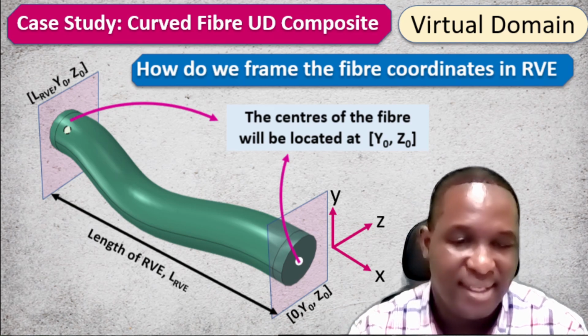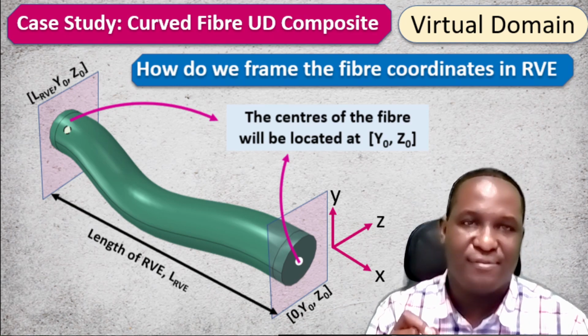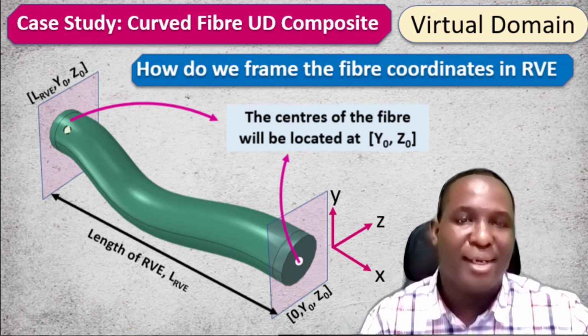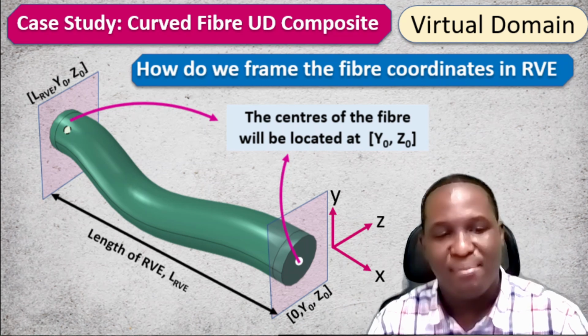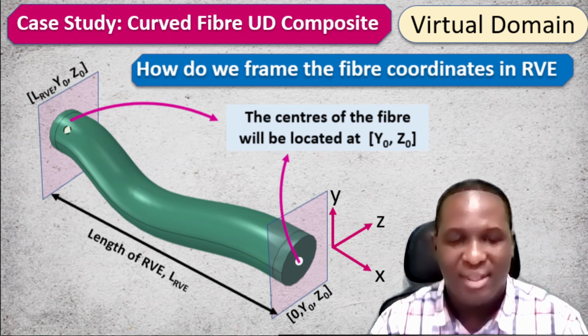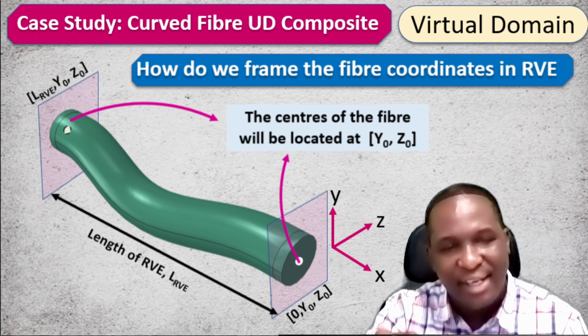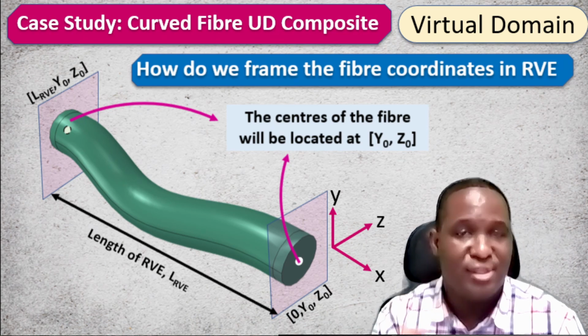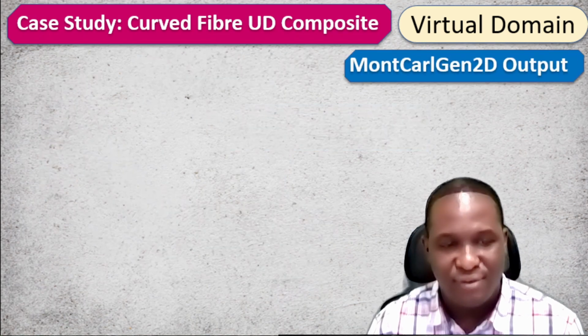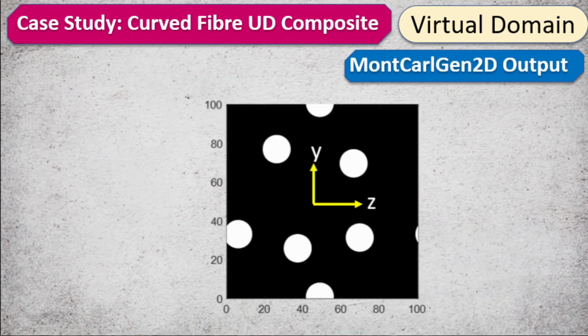This is really important because you can isolate the center of the fibers, then you can create the circle, and then you can follow the sweep pattern to create the overall fiber geometry. So this is how you frame the fiber coordinate position within the RV. So you do it for one, and then you duplicate it for other fibers so that you end up having the correct representation for this curved fiber. All right, so I run MontCarlGen to the output, and this is one of the options that I get.